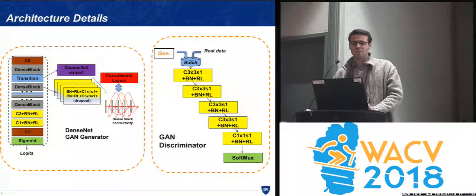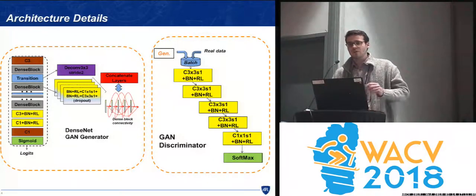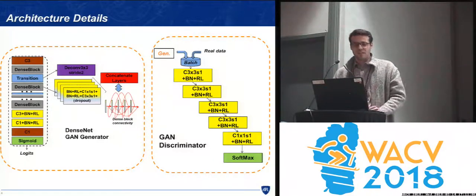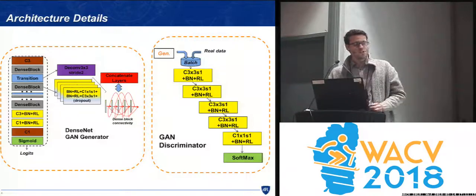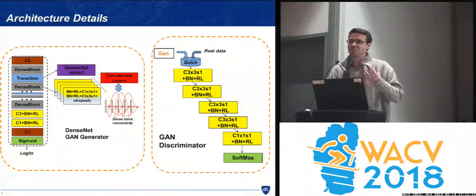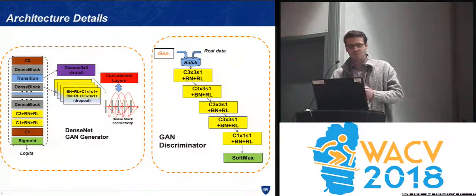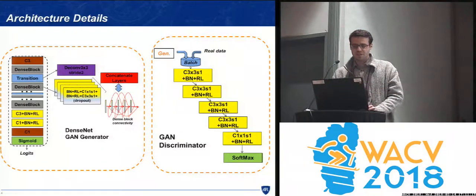That allows us, as the image progresses through the network, to recover finer and finer details as it goes along. In the case of the discriminator during training, we've just used a very classic architecture where we extract features and then we perform binary classification to say whether that image is a generated one or an actual image.